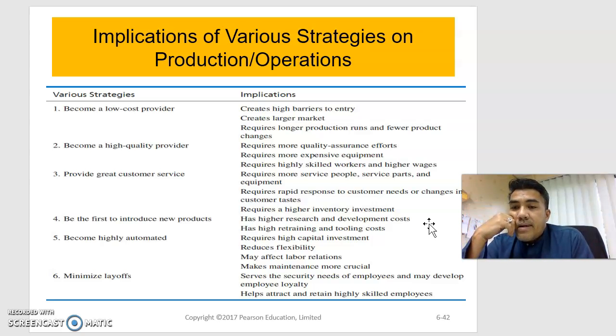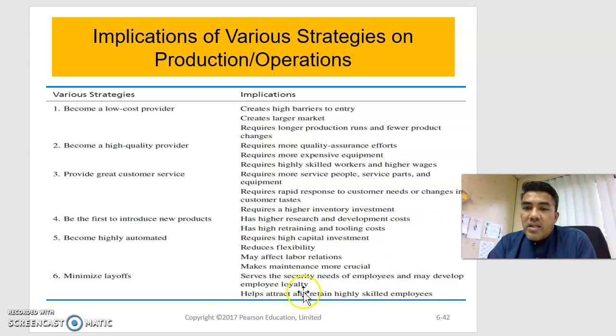You need to have the R&D, a research and development center, and you need to have good training among your employees. And then becoming highly automated requires high capital investment for the machineries and equipment, and minimizes layoffs, serves the security needs of employees, and may develop employee loyalty, helping attract and retain highly skilled employees.